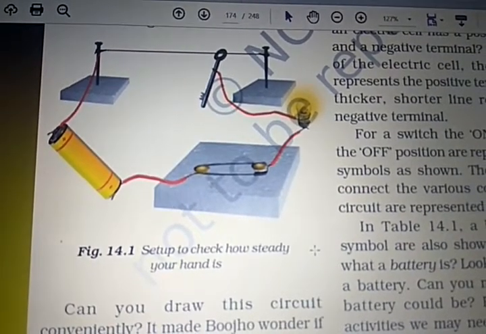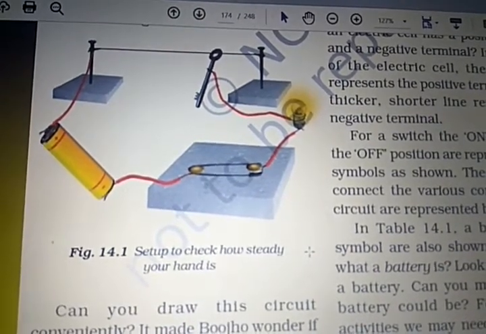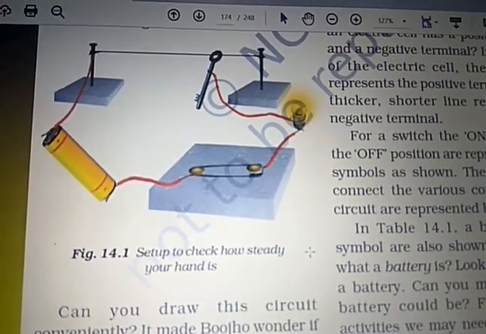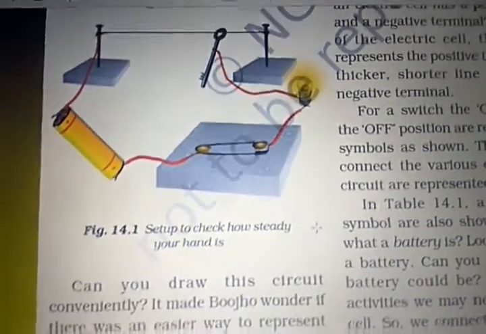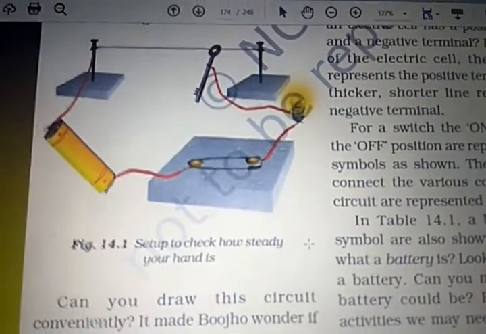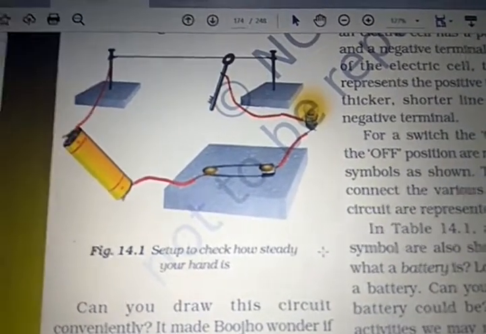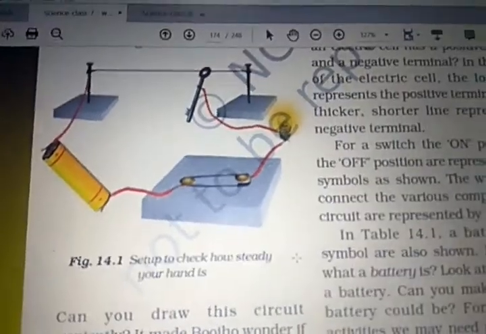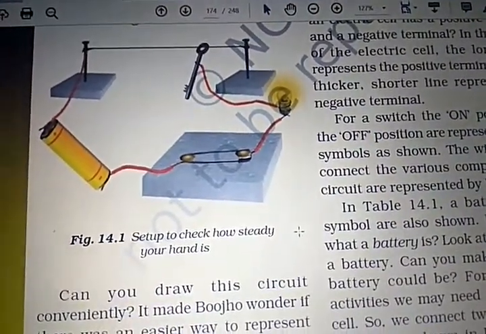Then take copper wire and tie it with these nails, take one dry cell, one safety pin and a bulb, and join the circuit as shown in this figure. Now this is a very interesting game. Dear students, you can play this game with your friends.